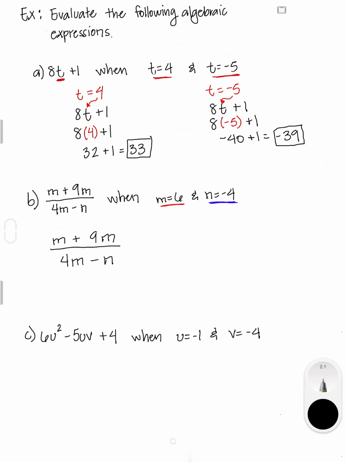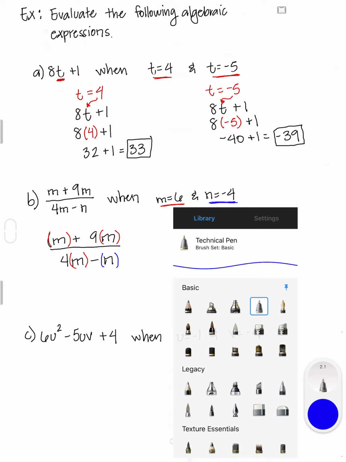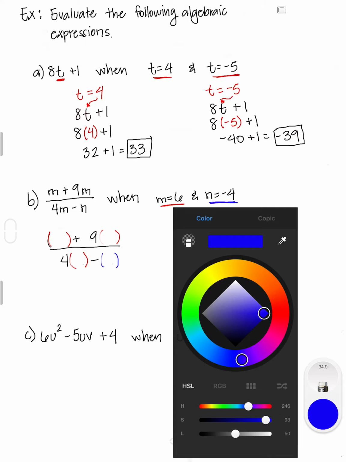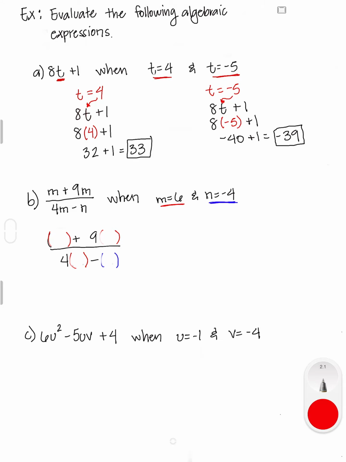The 6 will replace this m, this m, and this m as well, and the -4 will replace this n. So I'm just going to get rid of the m and the n and replace them with the actual values that are given to us. So m is 6 plus 9 times 6, and then 4 times 6 minus -4.